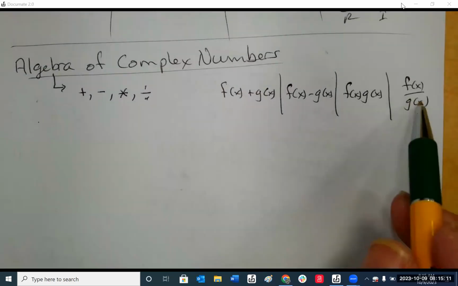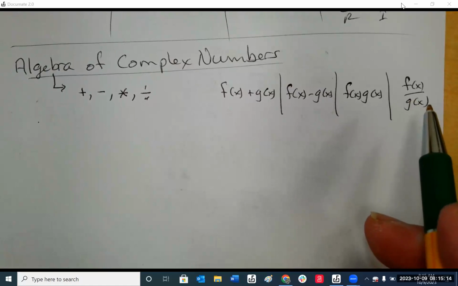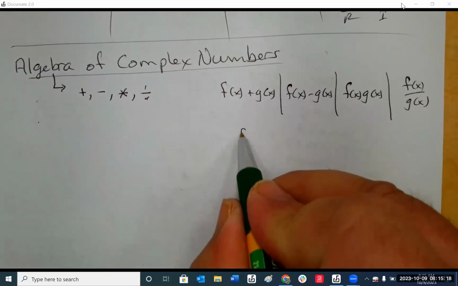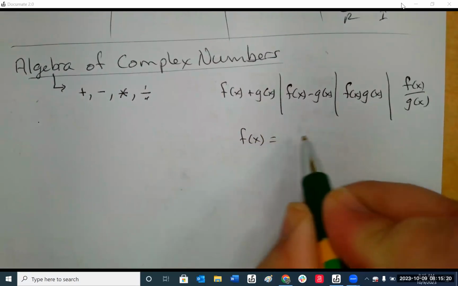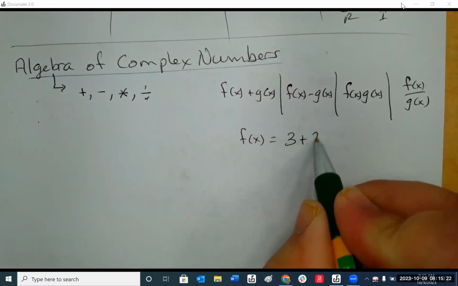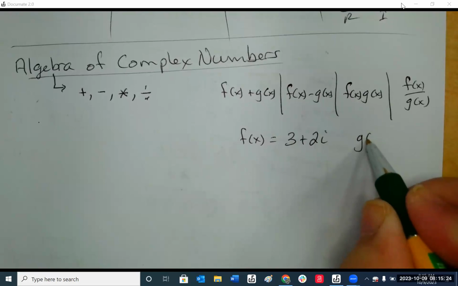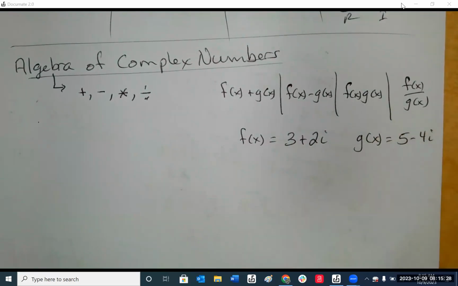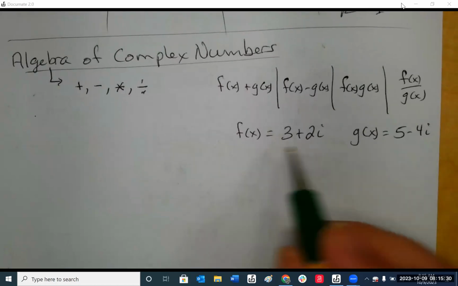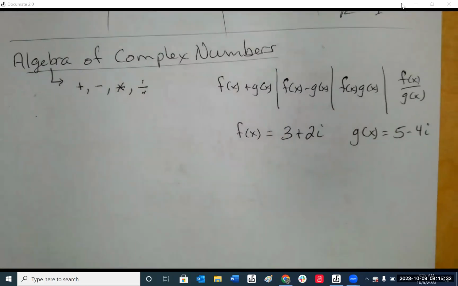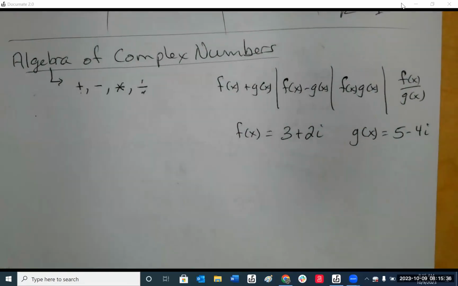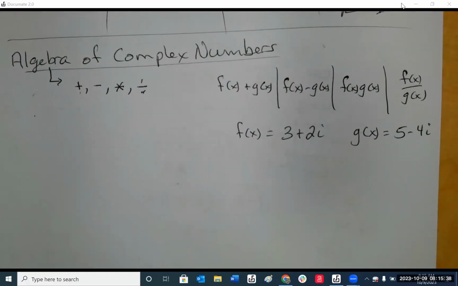If you just saw that, you'd say, yes, those are all true. But what if I defined f of x as 3 plus 2i, and g of x is 5 minus 4i? Because they're functions, those still apply. So we can do the addition, subtraction, multiplication. We do the algebra with complex numbers.